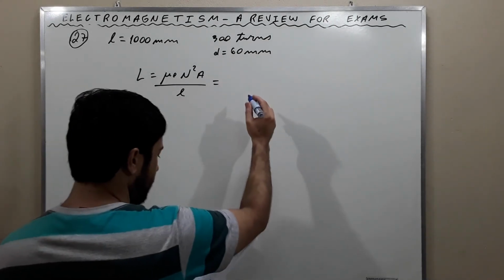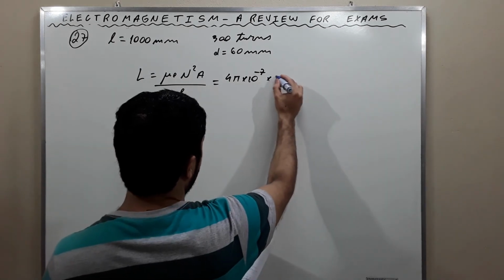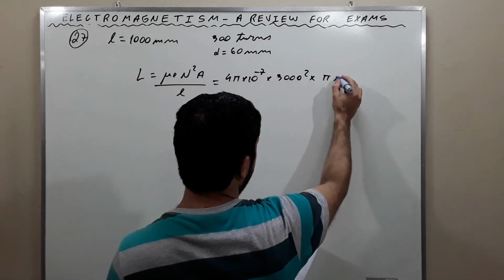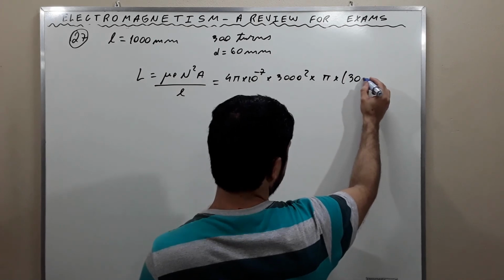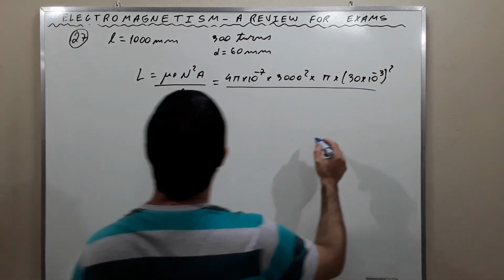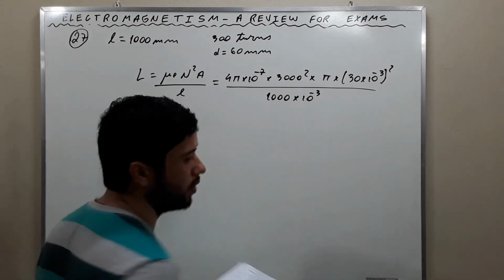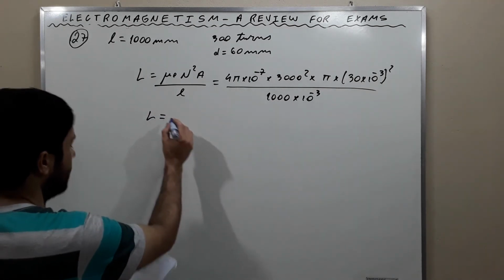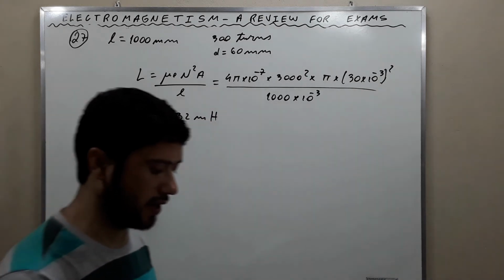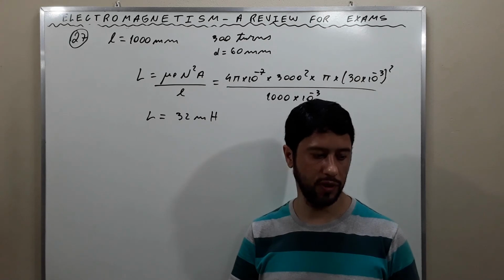And we simply use the numbers 4π times 10 to the negative 7 times 300 squared times π times 30 times 10 to the negative 3 squared, all divided by the length, which is 1000 times 10 to the negative 3, and we find a value for the inductance equal to 32 millihenry. Very easy exercise.